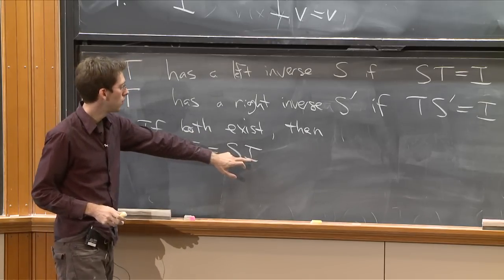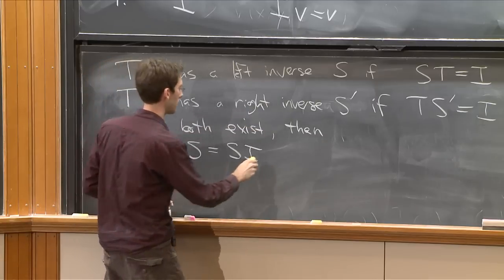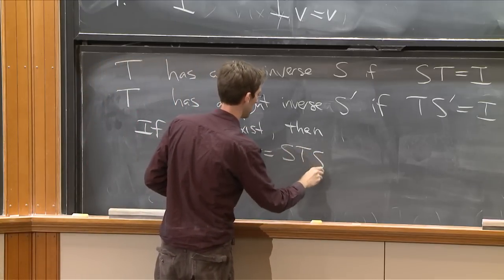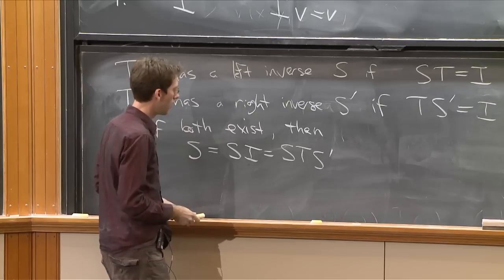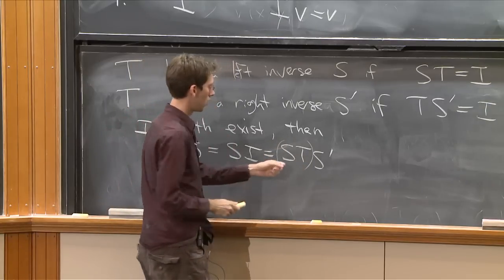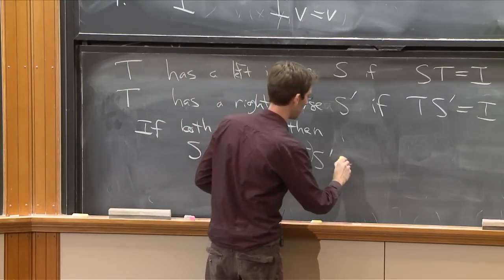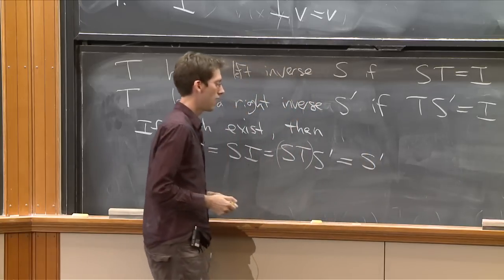And then we can replace identity with T S prime. Then we can group these and cancel them and get S prime.